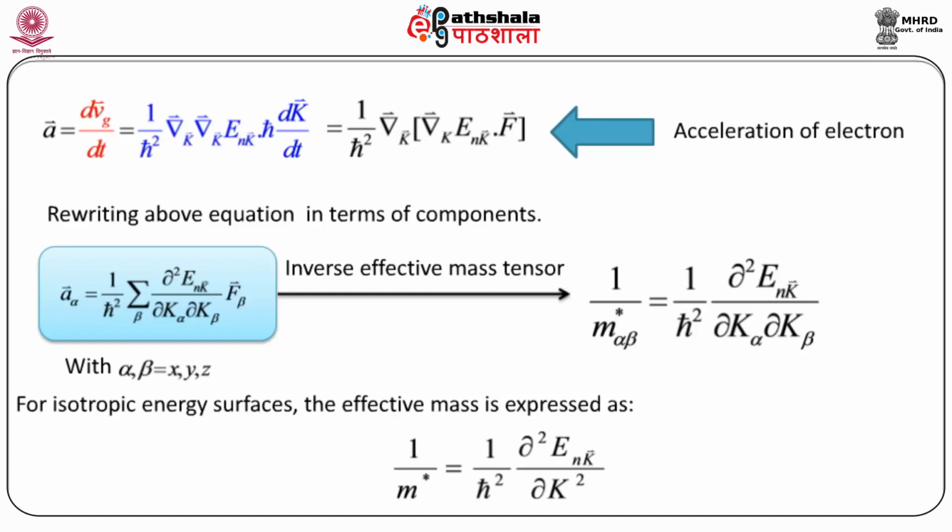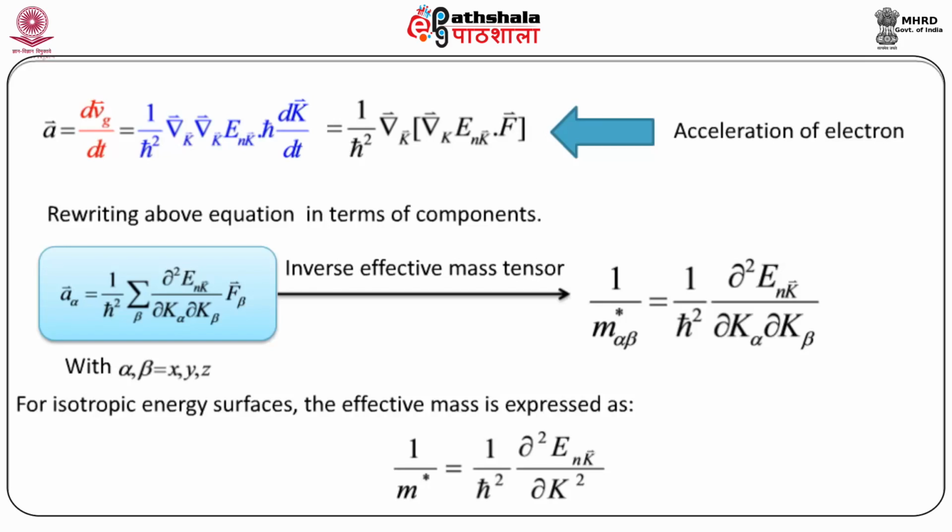Here the star indicates it's an effective mass, not the pure mass, and it's a tensor because this effective mass also has components and it varies in the three different directions x, y, and z. It is not necessarily the same. Since the energy E(k) is in general not isotropic, acceleration will not in general be parallel to k.